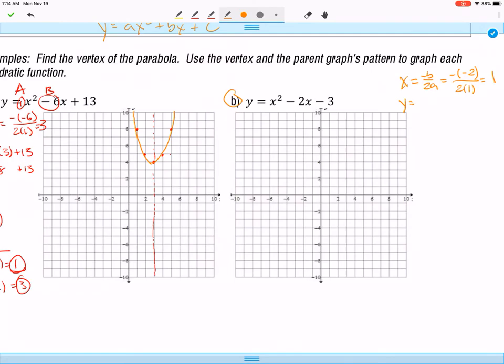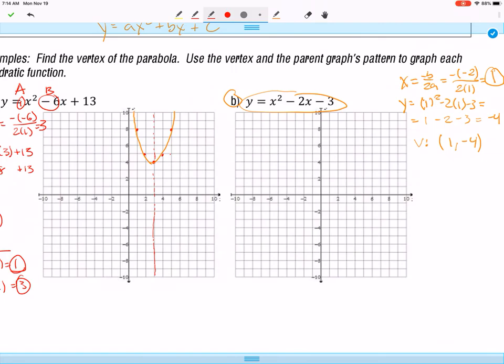We plug our 1 into this equation, and that gives us 1 squared minus 2 times 1 minus 3. We can simplify: 1 minus 2 minus 3, which is negative 4. So our vertex is going to be 1 comma negative 4.